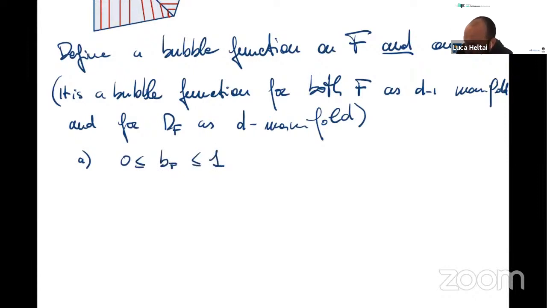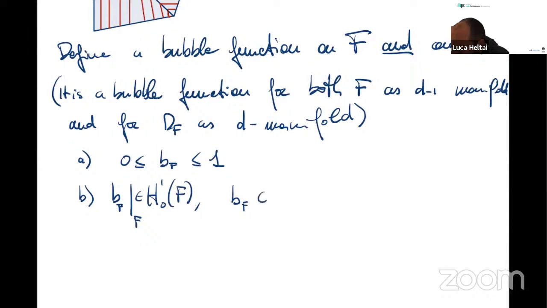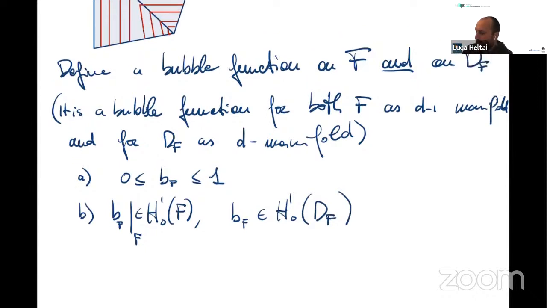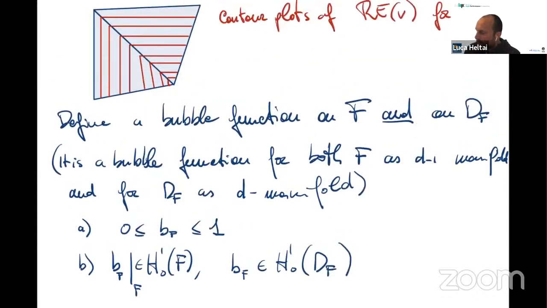I want to have the property that BF restricted to F is H10 of F, and BF is also H10 of the F. In other words, I want the bubble function to be a function that is 0 on the boundary of the F, and is 0 on these 2 points, of course, because it's 0 on the entire boundary.